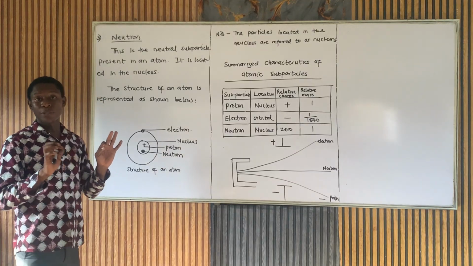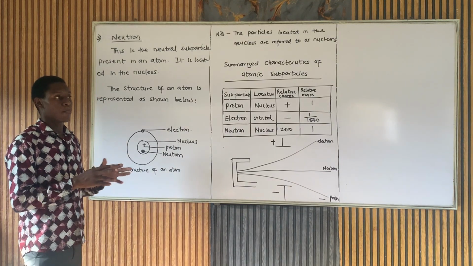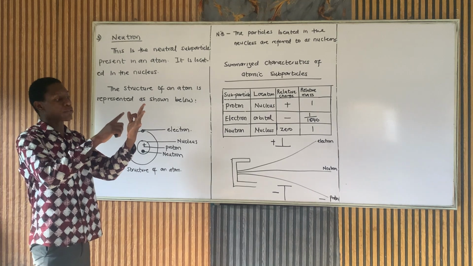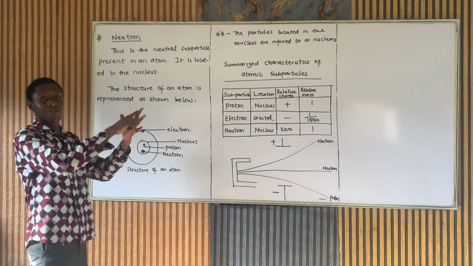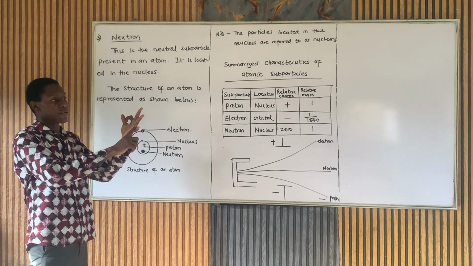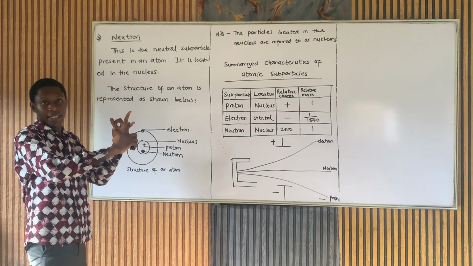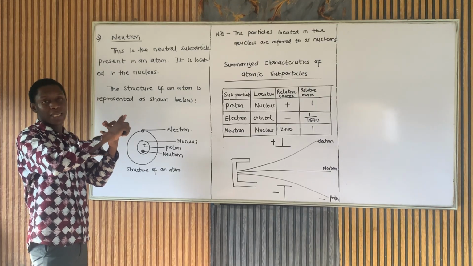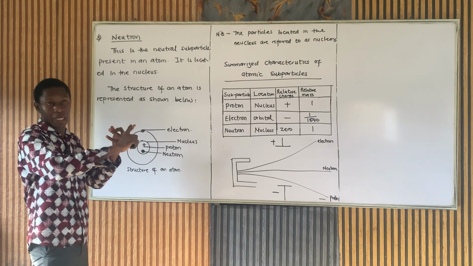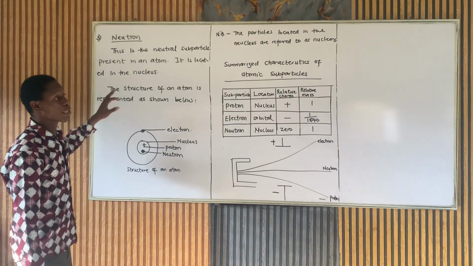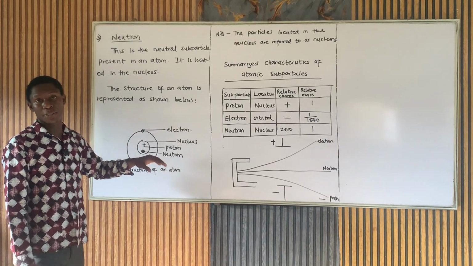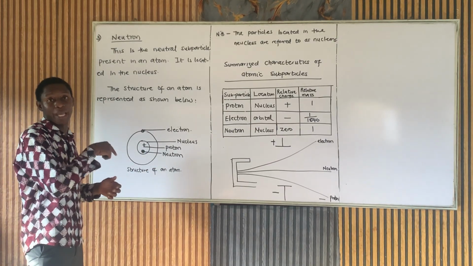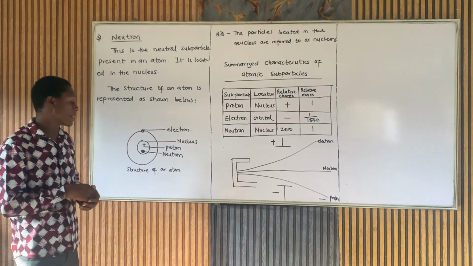The neutron is the neutral subparticle in an atom. The proton is positive, the electron is negative, and the neutron is neutral. It is also located inside the nucleus, the same place where the proton is located.